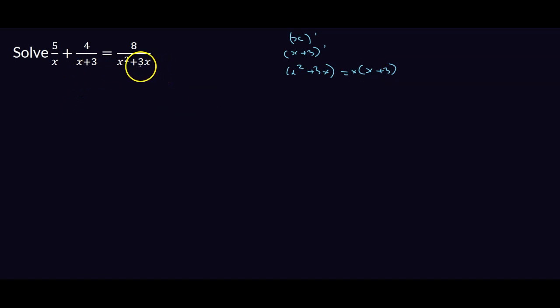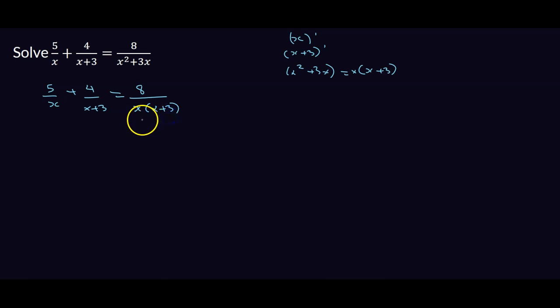But before that, we could actually just rewrite each of them in its factored form. So we have 5 over x plus 4 over (x plus 3) equal to 8 over x multiplied by (x plus 3).